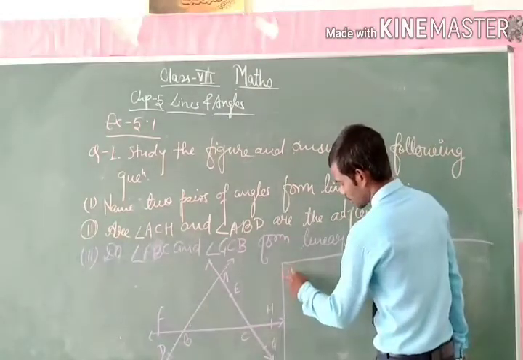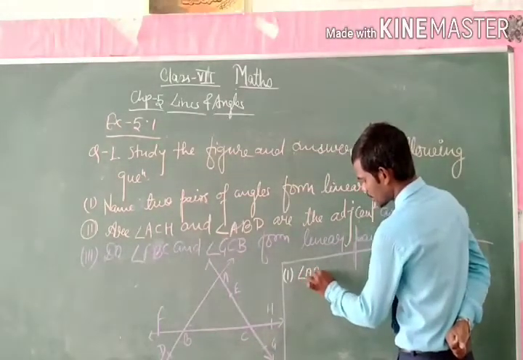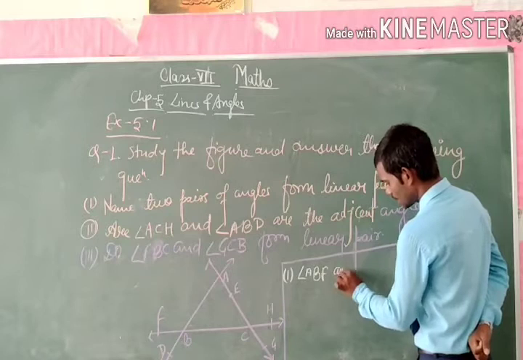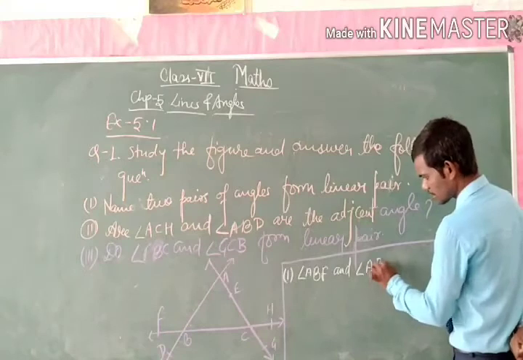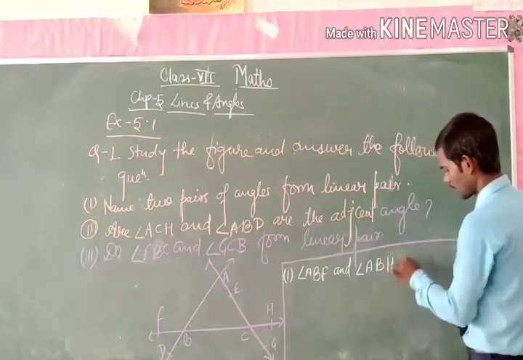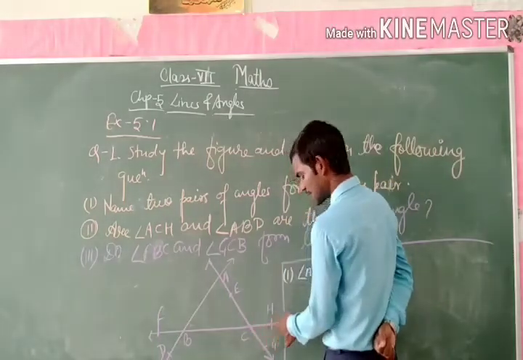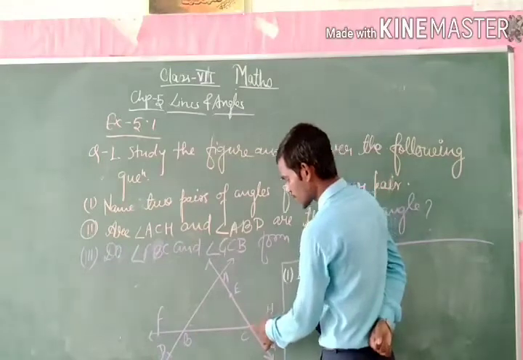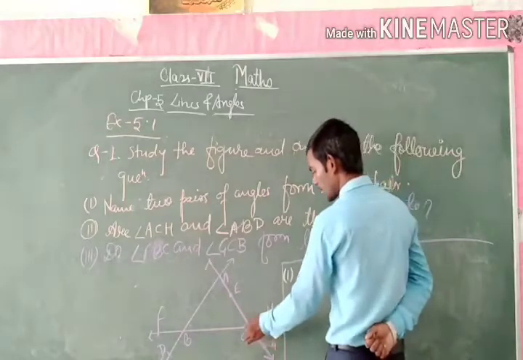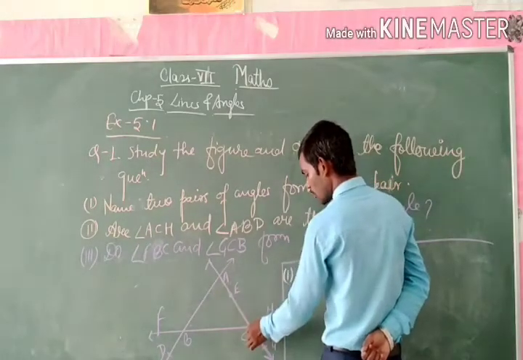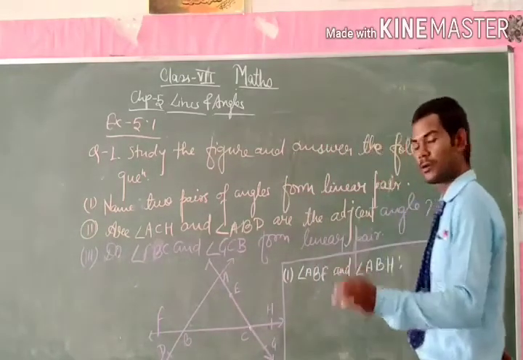So we write the first answer: angle ABF and angle ABH, and similarly ACH and ACF be the second linear pair, because the ray CA is common for both angles, as well as C is the common vertex.